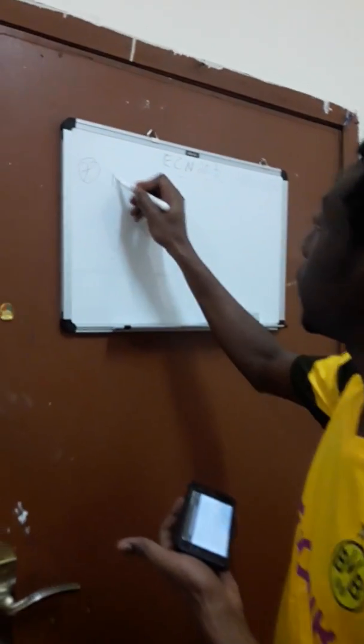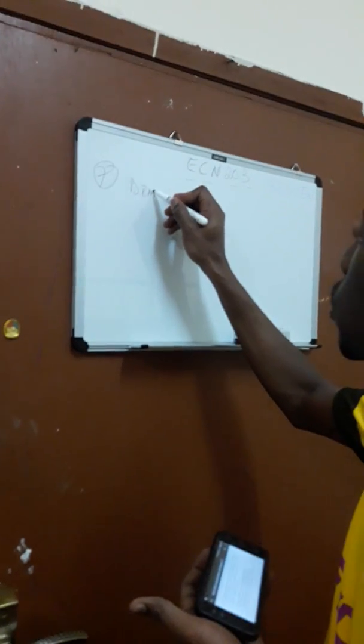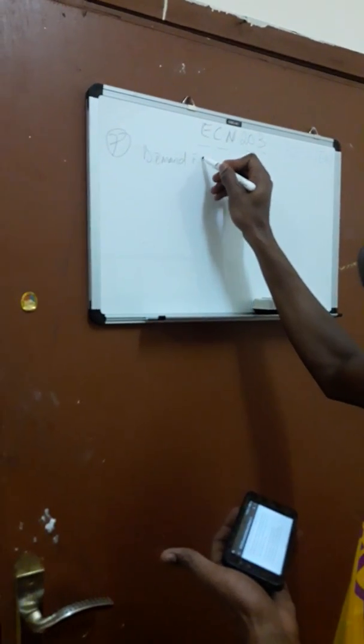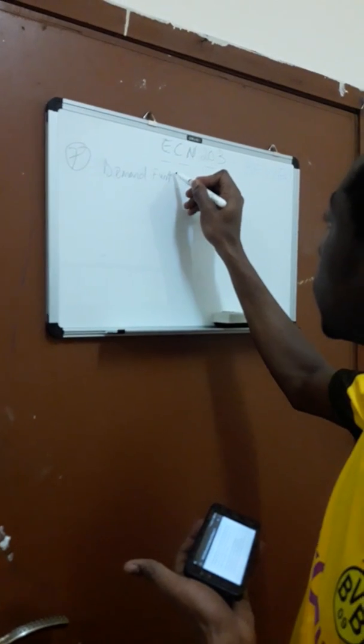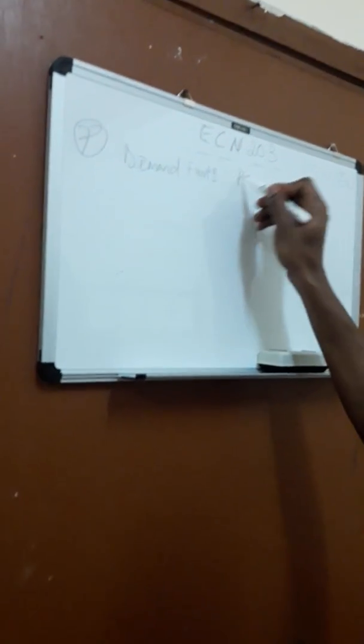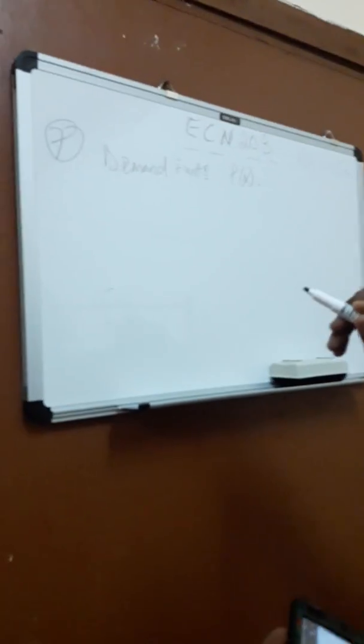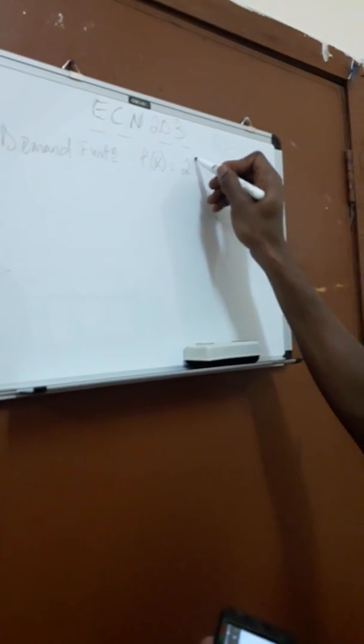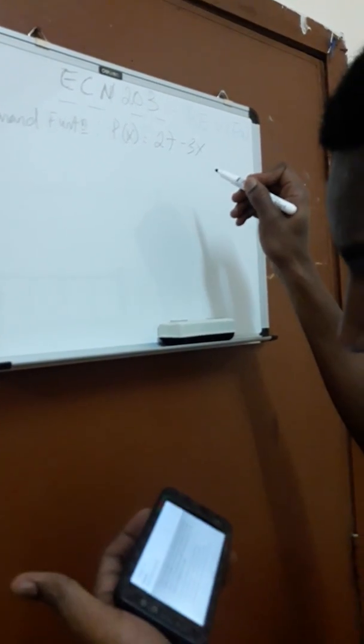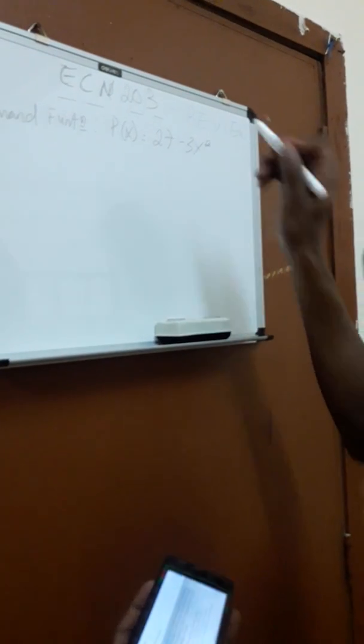Now, they are telling us that the demand function P of X is equal to 27 minus 3x squared, okay?